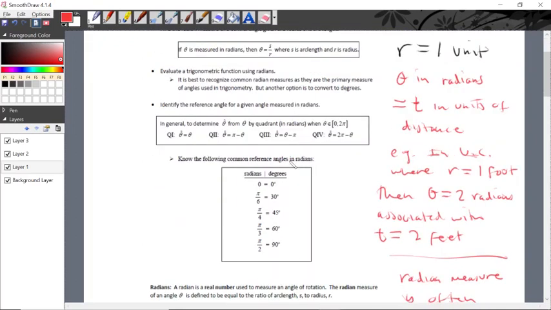Okay. Here are the most common angular measures that we have listed in degrees on the right and listed in radians on the left. For instance, 0 degrees, well, that's 0 radians. 30 degrees is pi over 6 radians. 45 degrees is pi over 4 radians. Notice again on the left-hand side, I'm not writing the units after these numbers.